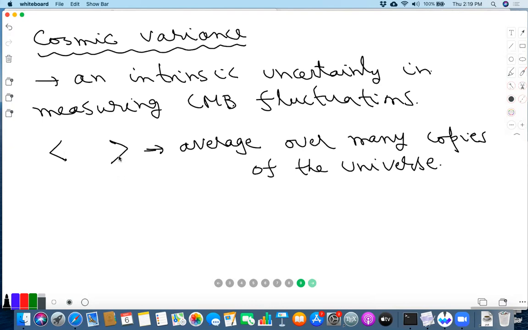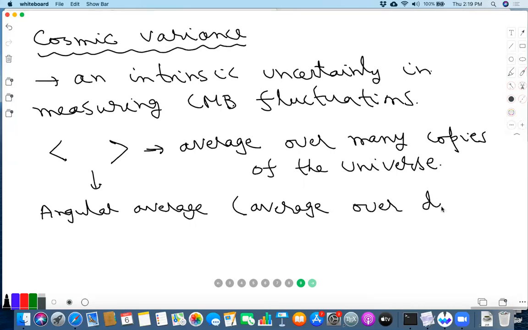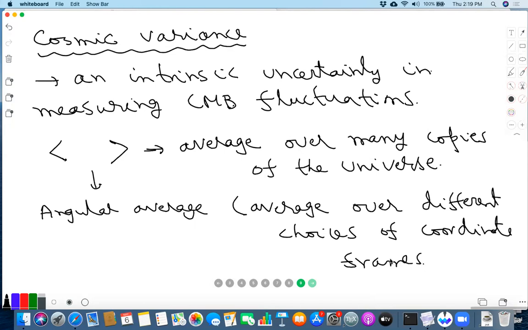But we said that, okay, we'll just replace it by an angular average. Okay, which also can be thought of as an average over different choices of coordinate frames. Okay.